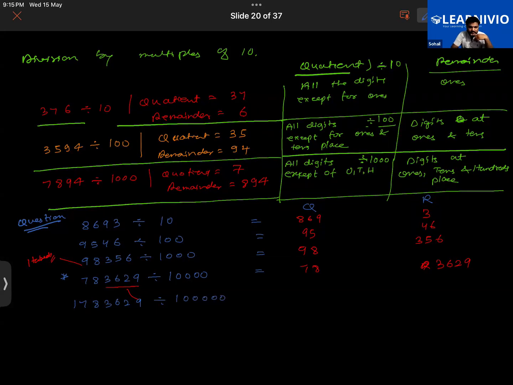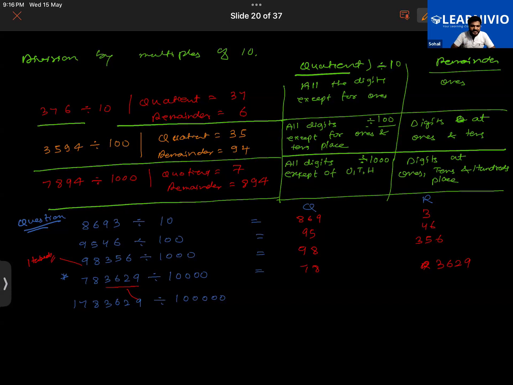Till now we were not writing ones, tens, hundred, and thousand. So 3,629 could be the remainder, and 178 is the quotient. No, that isn't the case.